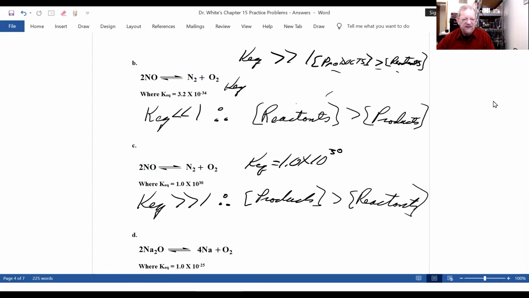If K equilibrium is much less than 1, it's the opposite. And if we look here, it's a positive number and big, therefore it's much greater than 1, and therefore that's what those 3 dots mean. The products are greater than the reactants.